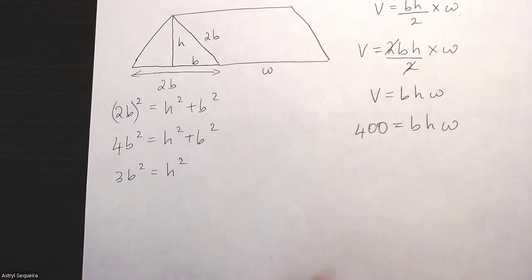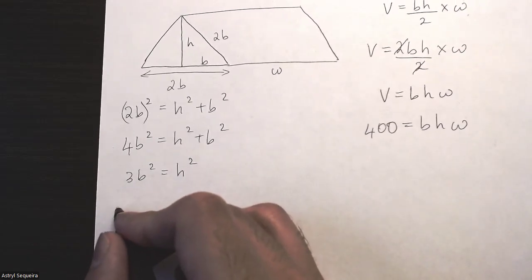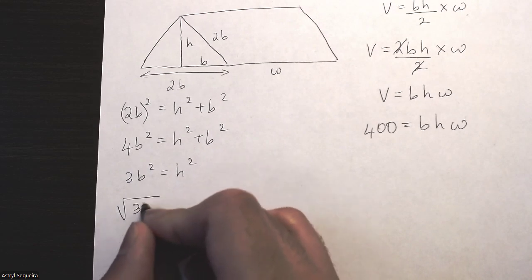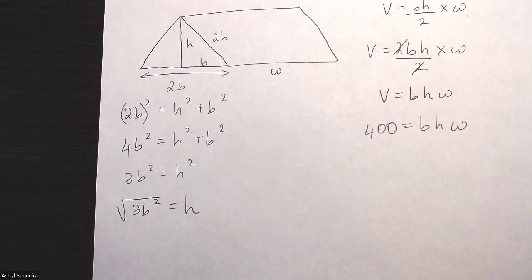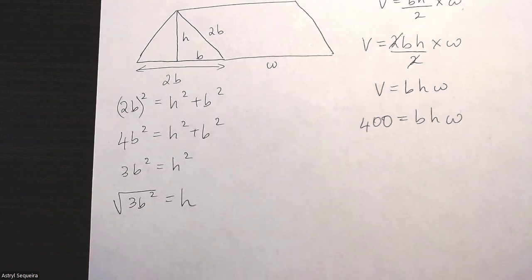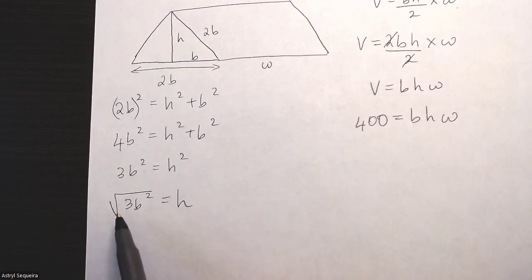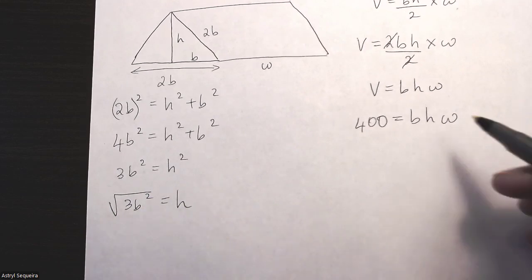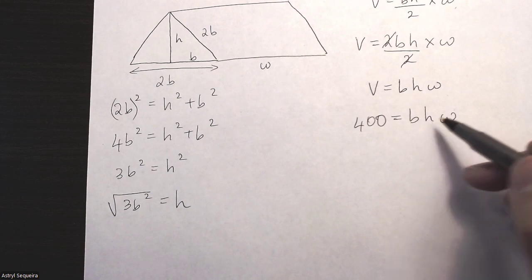And then I can just isolate my h over here. So h equals the square root of 3b squared, or you could put an exponent of half, whichever method works either way. So now that I've isolated the height as the square root of 3b squared, I'm just going to sub that in for the height in this equation.